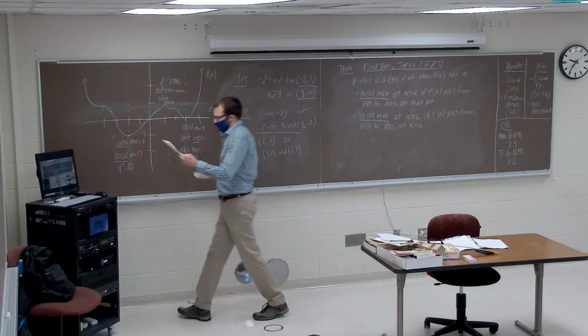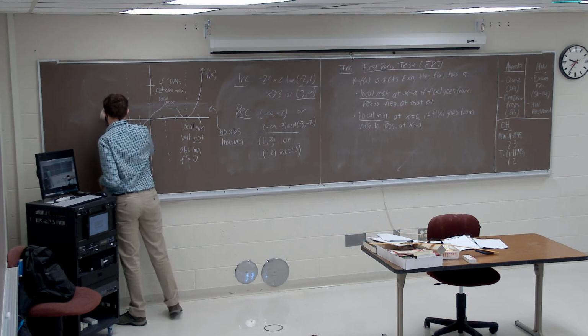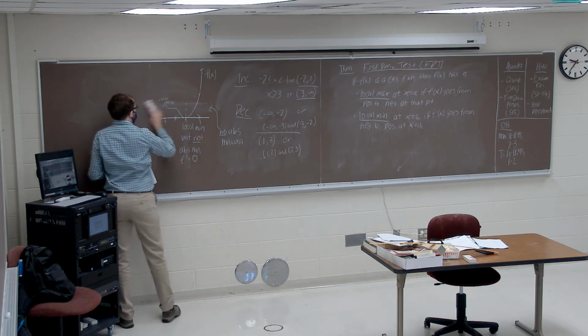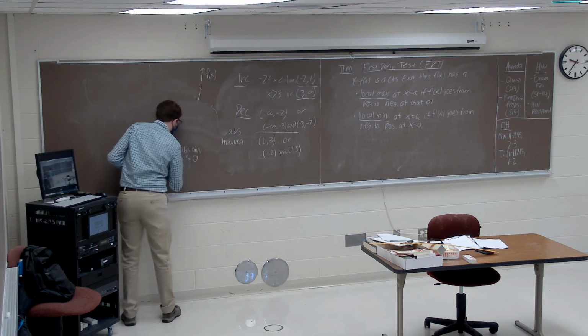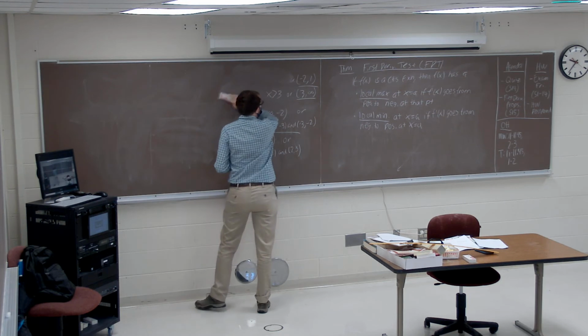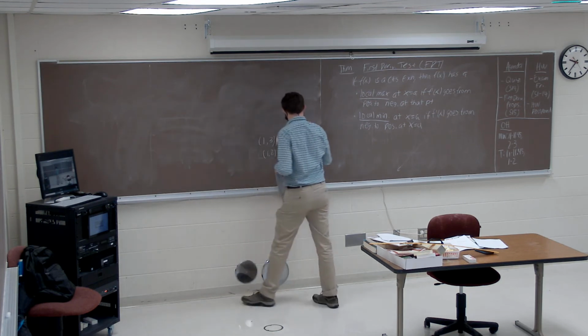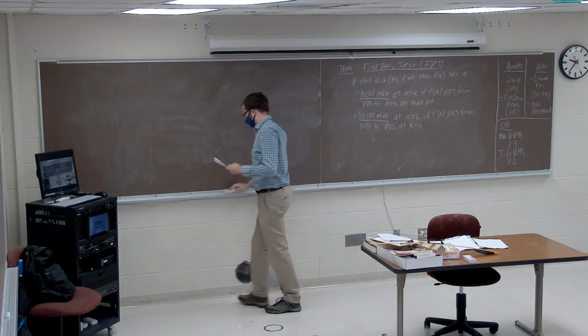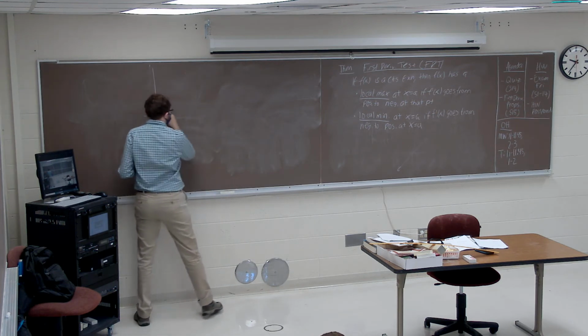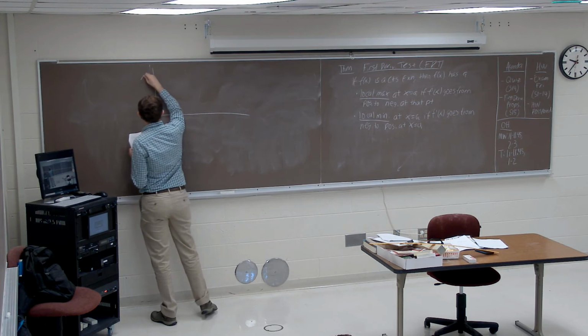So let's look at another graph. This one will be a little bit simpler to look at than this big one I drew over here. So here's going to be our function. It's going to behave something like this.